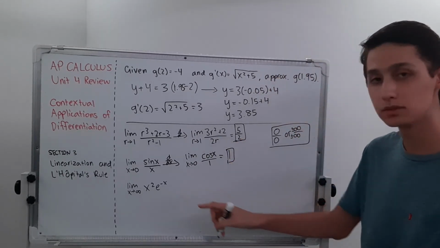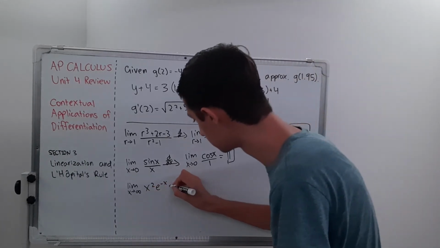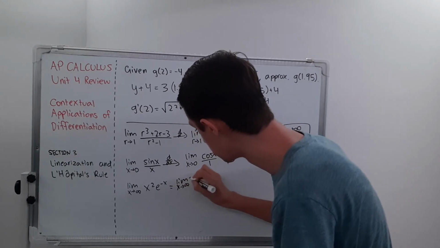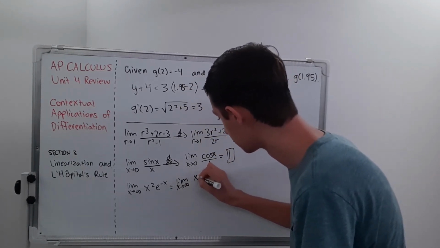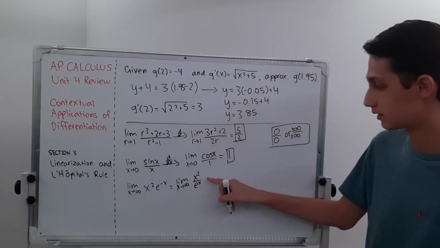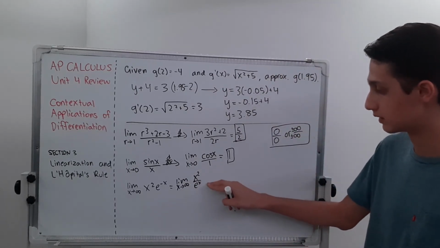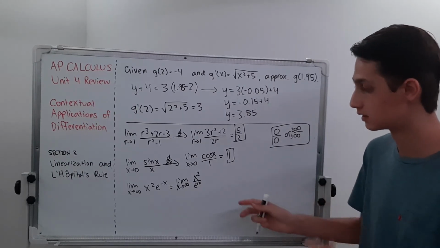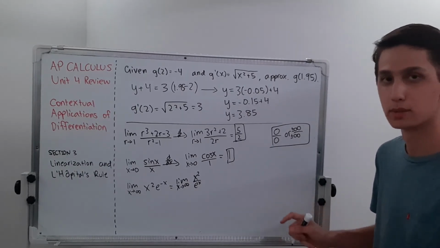And here, let's first rewrite this. This is the limit as x approaches infinity of x squared over e to the x, right? You could tell that e to the x is much more powerful than x squared, but this is just a good example for what I'm about to show.